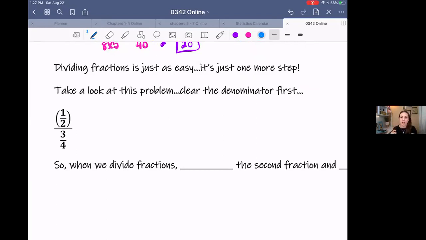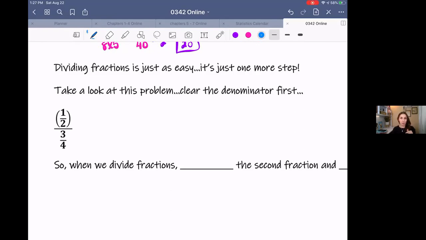Division has one more step. If you do see a division sign, it has one more step than multiplying fractions, but it's really not difficult. Before I tell you what the step is, which you might already know because you might have heard a little memory verse, let me just show you why. Well, actually, I'll tell you.